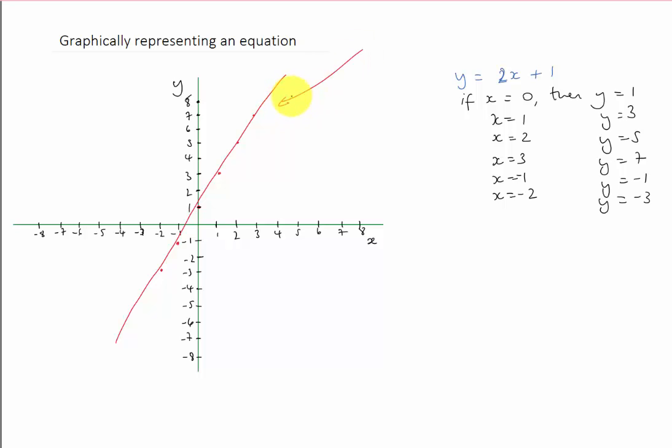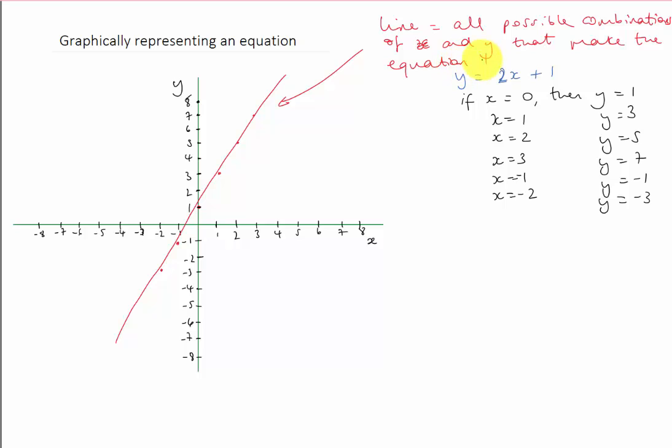So the line is all the possible combinations of x and y that solve, make the equation true.